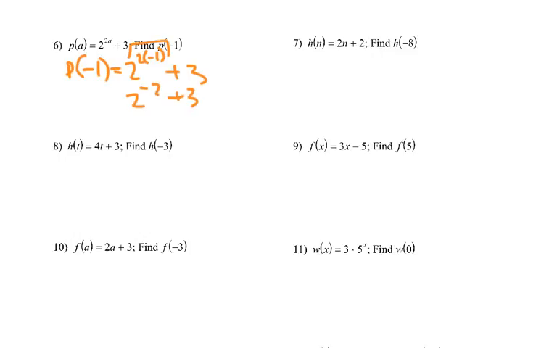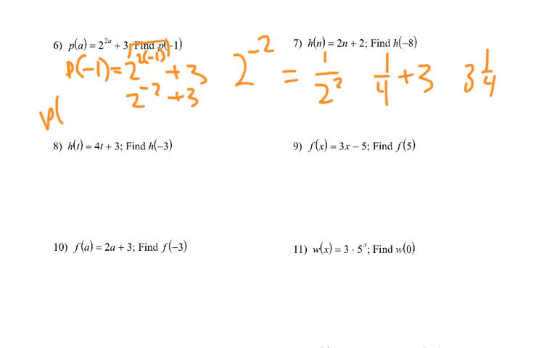Now, with negative exponents, I didn't realize I had any in here, so I apologize for that, but what it does is it makes it a fraction. So 2 to the negative 2 is really 1 over 2 squared, which would be 1 over 4, plus 3 would be 3 1/4. So p of negative 1 would equal 3 1/4.